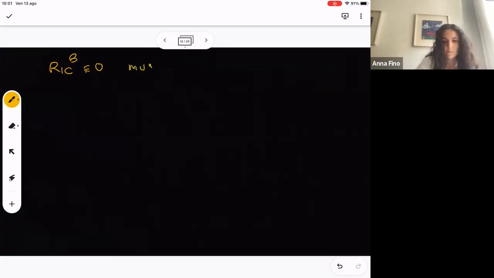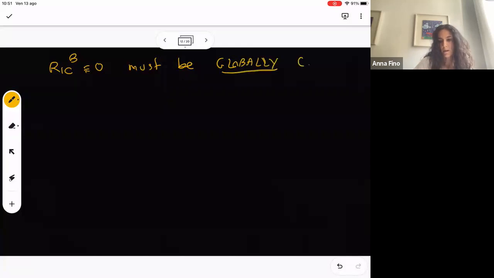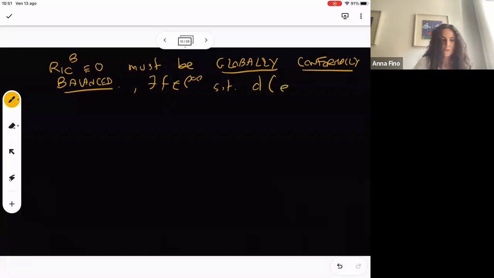Then we show that it must be globally conformally balanced. That means that there is a function f such that if you take the conformal change, you have d of (e^f ω^{n-1}) equal to 0. So the conformal metric is balanced.